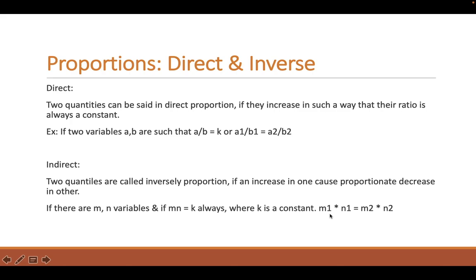It is also giving you an example. Let's say for value of m equal to m1, value of n equal to n1, m1 n1 equal to m2 multiplied by n2. So these are different values. For different values of m and n, the product is always constant. Just another way of making the understanding clear. This is called indirect or inversely proportionate.